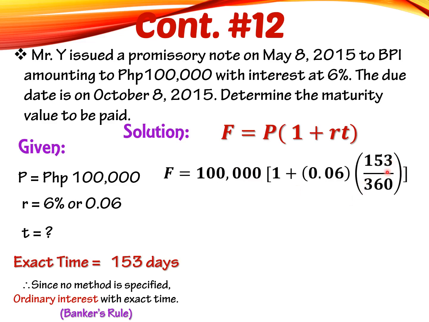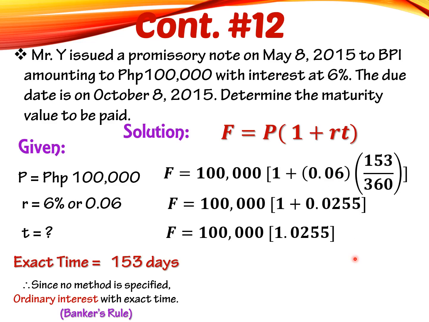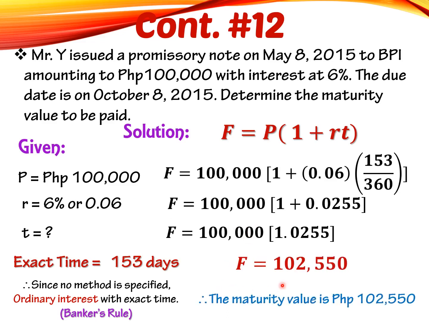So, ang time natin dito, dahil ordinary interest lang siya, will be divided by 360. 153 divided by 360, multiply by 0.06, that will give you 0.0255. Plus 1, so that will be 1.0255. Okay, multiply by 100,000.